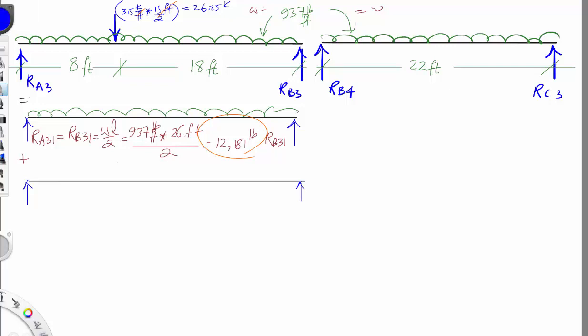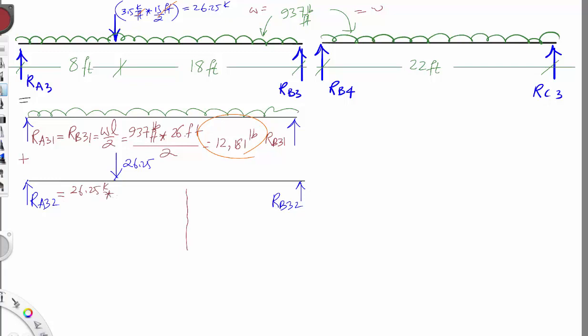And we have the point load here, which is 26.25. We'll do our calculation again. So this is RA32 and this is RB32, and the calculation will be a bit different. These are not equal to each other, so this is equal to 26.25 kip.